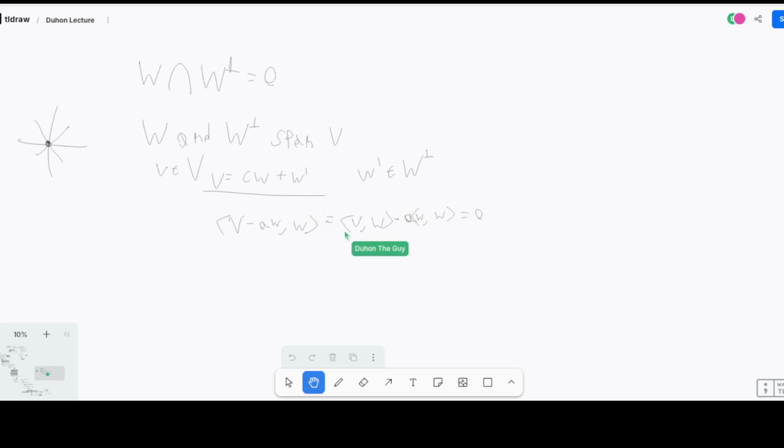Oh, it's pen mode. Yeah, we have to solve this equation. The solution to this is actually that A equals V,W over W,W.